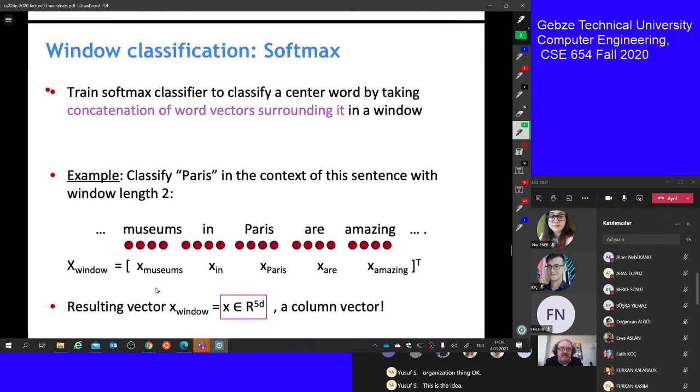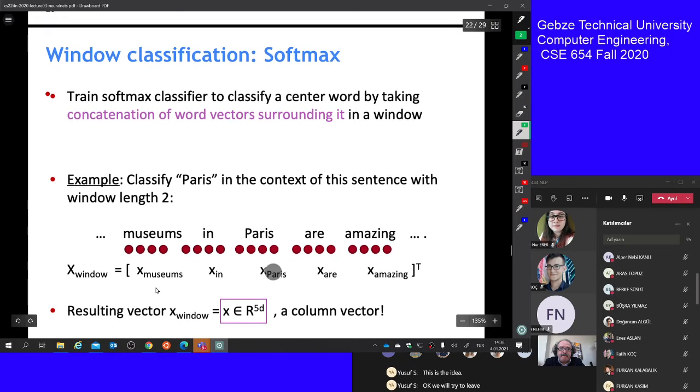Let's say our problem is simpler. We are going to do something simple. For a given word, we would like to say if it's a location or not. We are going to classify if a given word is a location or not.